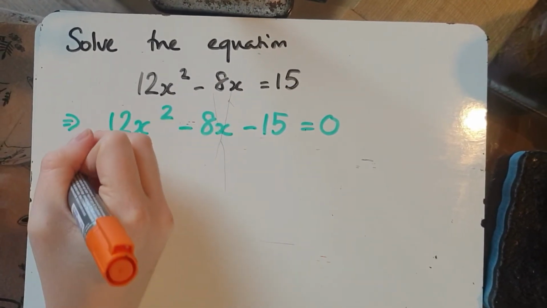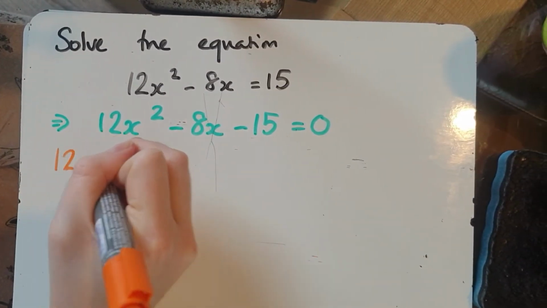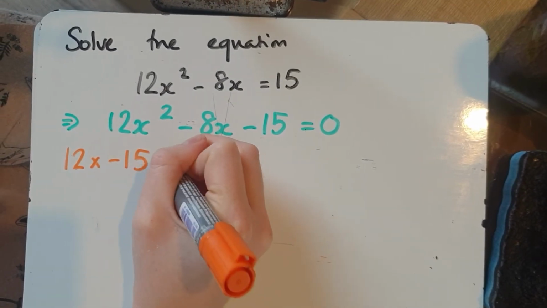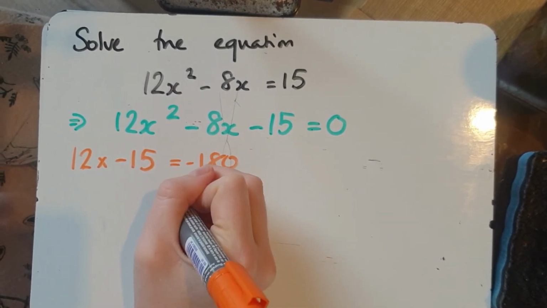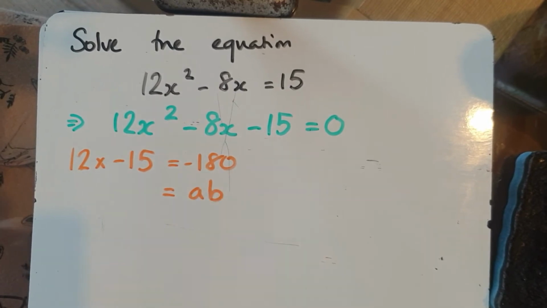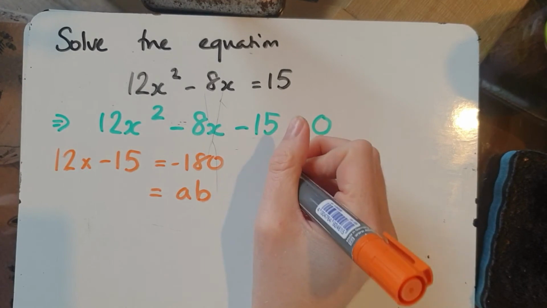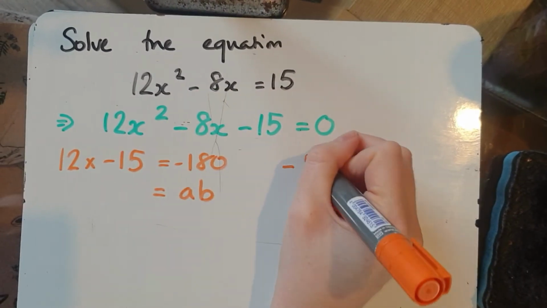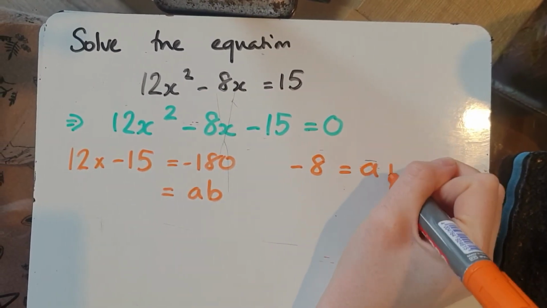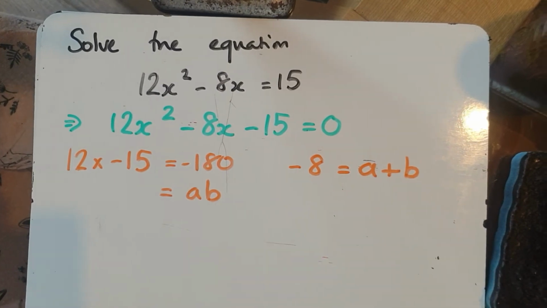So we're going to multiply this 12 times this negative 15, and we get negative 180, and that equals something times something. We also take this negative 8, and that equals the two numbers multiplied together, added together.